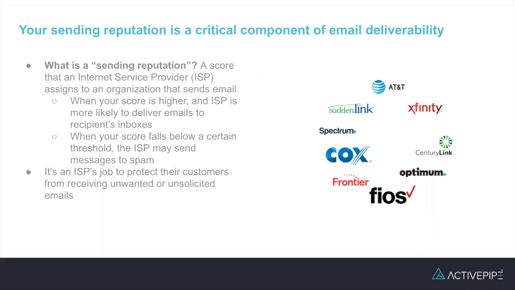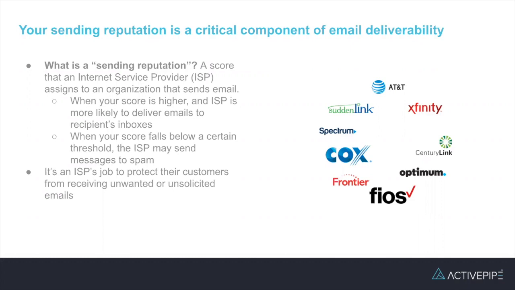These ISPs will monitor your sending activity, and any bad behaviors will make your score go down, and any good sending behaviors will make your score go up. So think of this like a credit score for your emails.